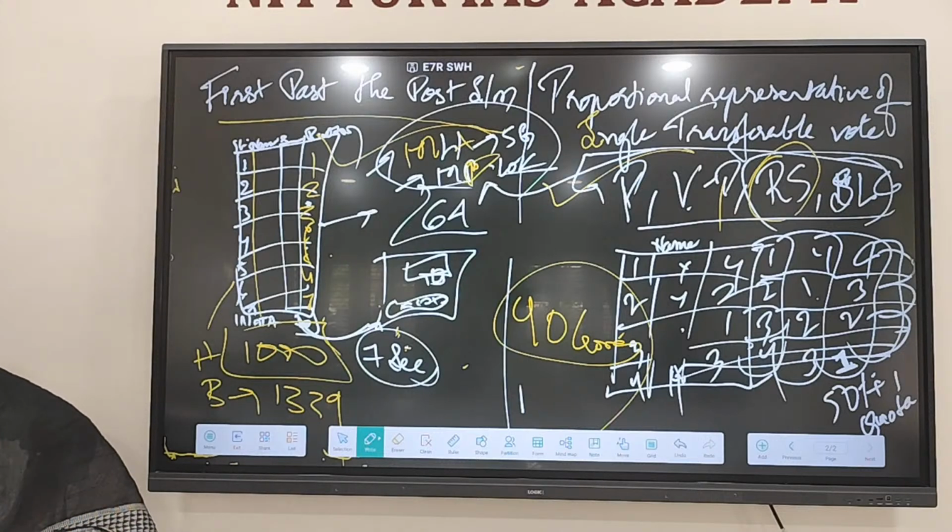Full form of VVPAT: Voter Verifiable Paper Audit Trail. Full stop.